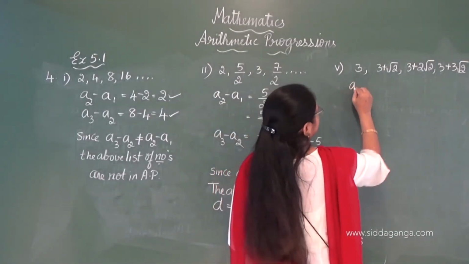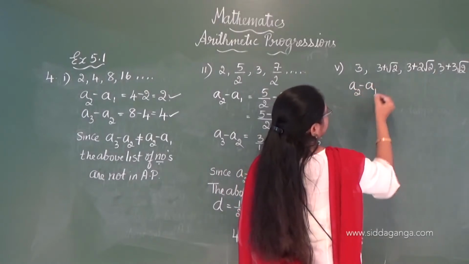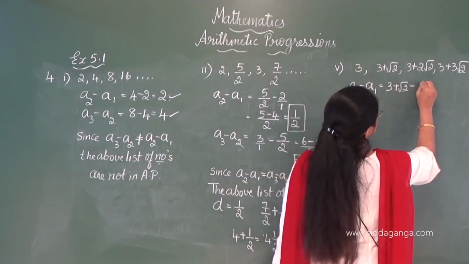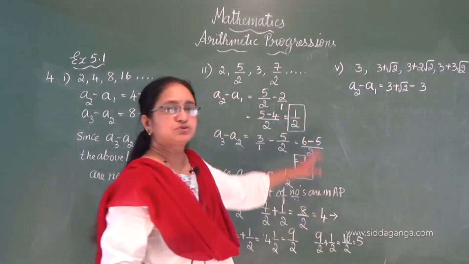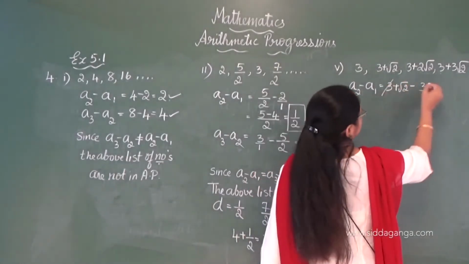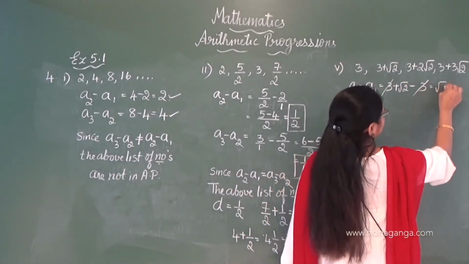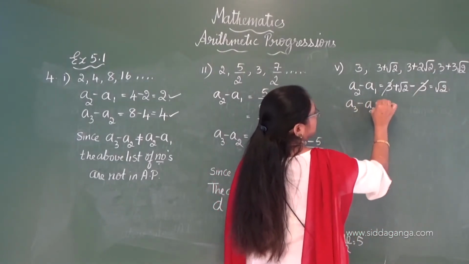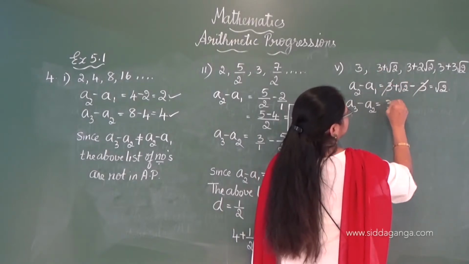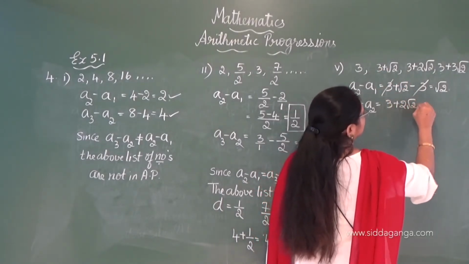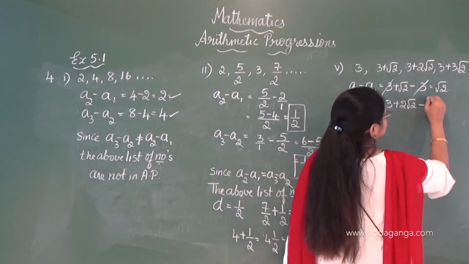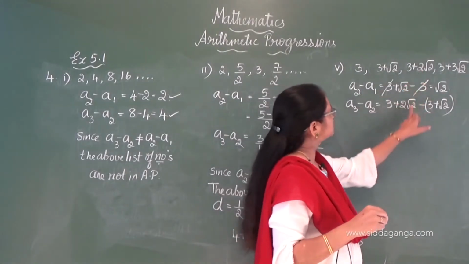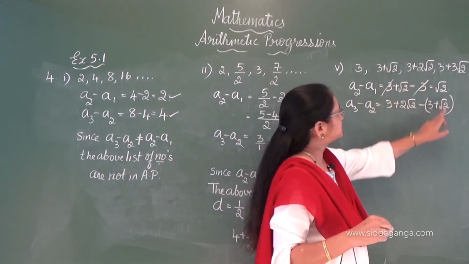Here a2 minus a1 is 3 plus root 2 minus 3. You know 3 gets cancelled, giving root 2. Next a3 minus a2: 3 plus 2 root 2 minus of 3 plus root 2.